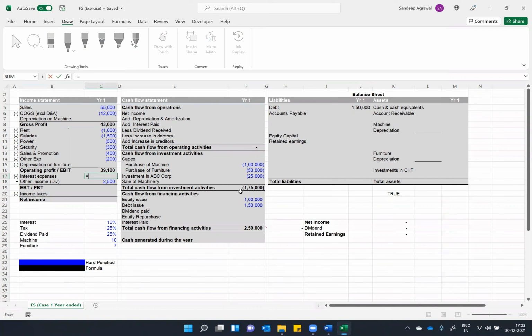Then I will select this debt component and multiply it by 10% interest, which is 15,000. Again, it is in minus. As you can see, we are paying 10% interest on the outstanding debt of 1,50,000.